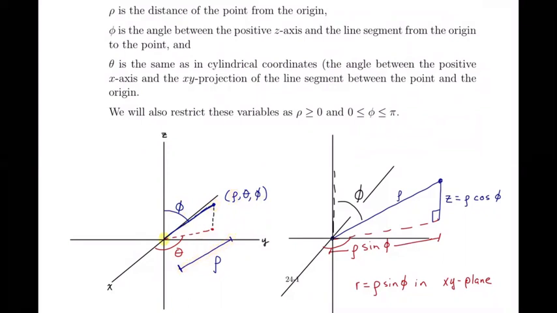Theta is the same value we've dealt with before in polar or cylindrical coordinates. There's the positive x-axis, and whatever angle is swept out by the projection of this line, that red dotted line in the xy plane, we find the angle theta there, and that's this coordinate. So that's our decomposition of one of these points.